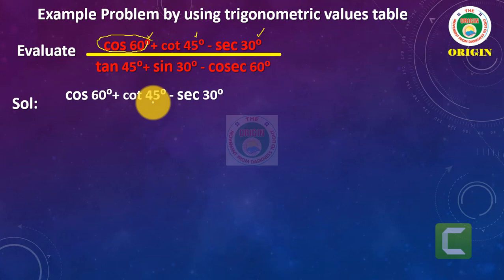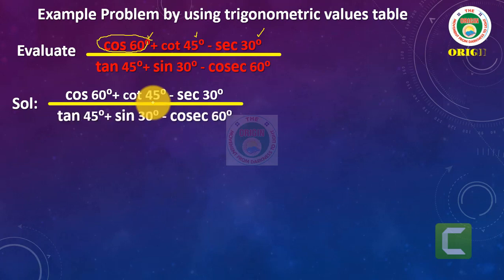Now coming to the solution, I substituted the values here. Cos 60 equal to 1 by 2. You should be very familiar with the table. This is very very important. If you remember the values at a stretch, it is very easy to calculate and you can save time.